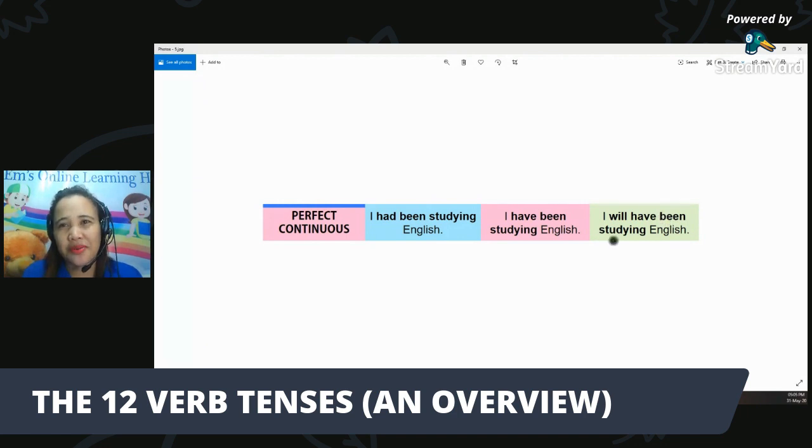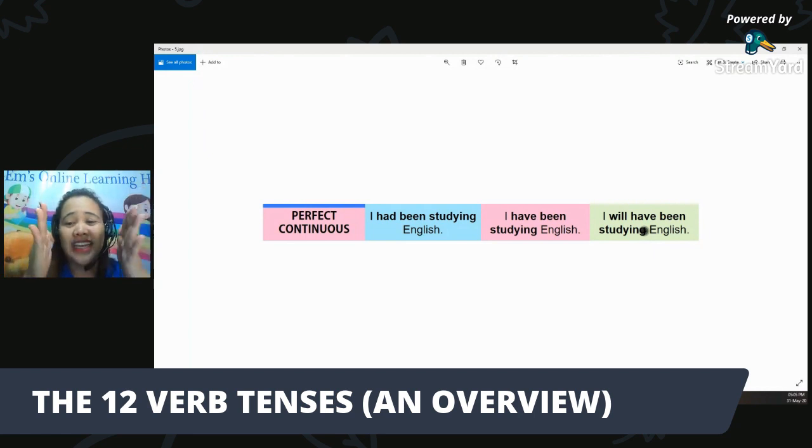future perfect continuous. So I will have been studying English. When to use this? This is to indicate an action that will have happened for some time and will not be complete yet at a certain point in the future. Again, when are we going to use this one?